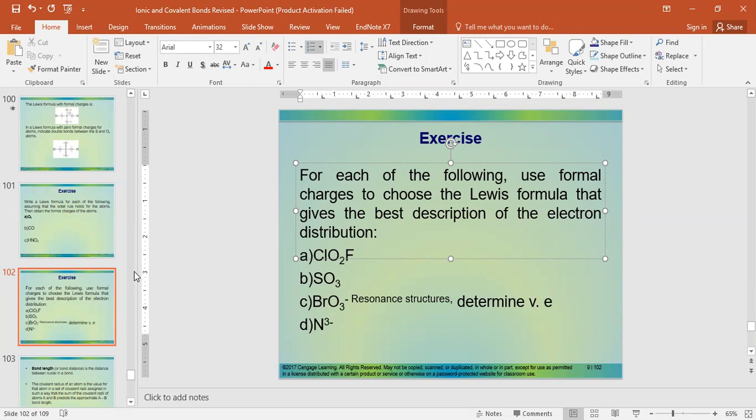After determining the valence electrons, you distribute electrons.